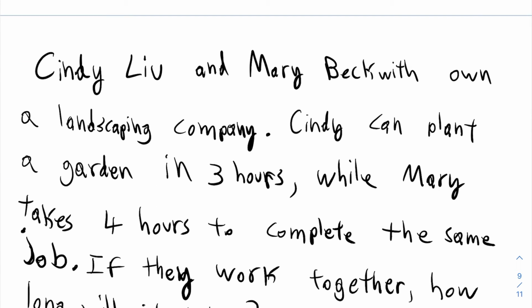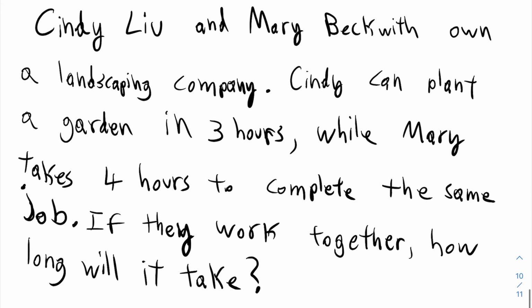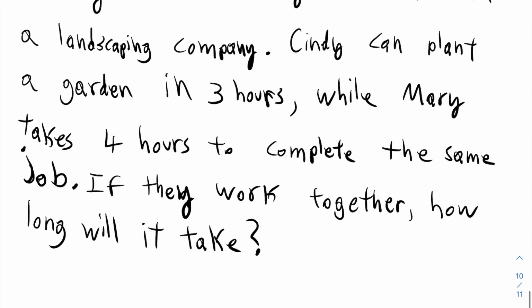Cindy Lou and Mary Beckwith own a landscaping company. Cindy can plant a garden in 3 hours. So Cindy's work rate is one garden in 3 hours, while Mary takes 4 hours to complete the same job. So Mary is one garden in 4 hours.